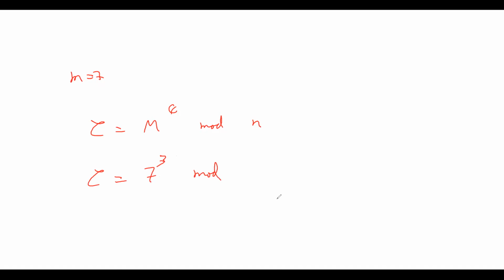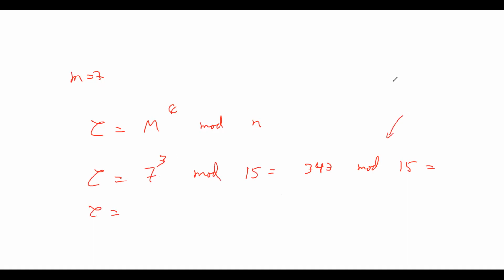And then what was N? 15. And so now we perform this operation. It would give us 343, we do mod 15, and that will give us a specific value.